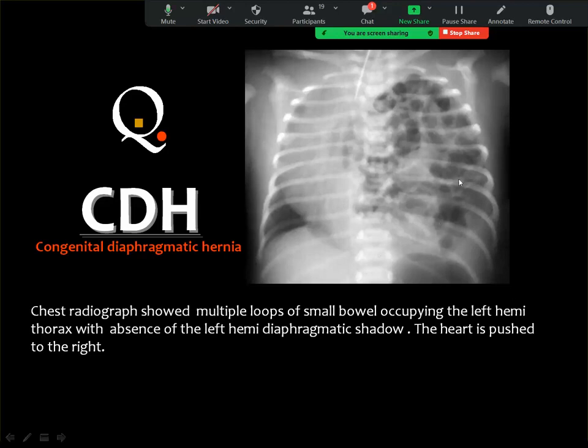Diagnostic of congenital diaphragmatic hernia, which is much more common compared to the cystic adenomatoid malformation of the lung, where you can see also multiple cysts in one of the hemithoraces, but the air in these cysts is not continuous with air in the abdomen.